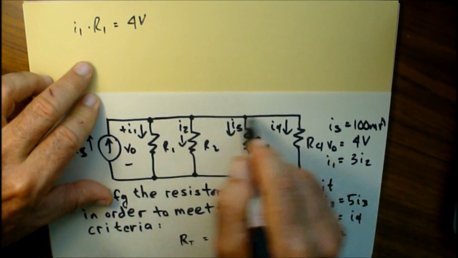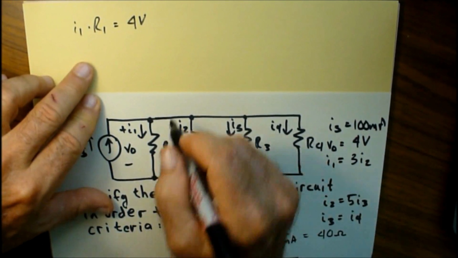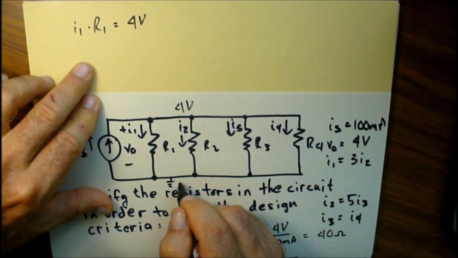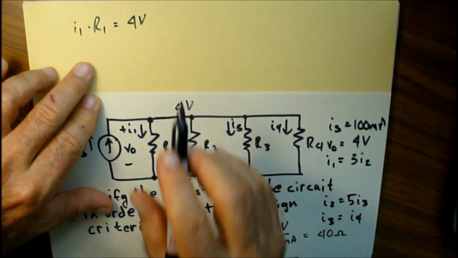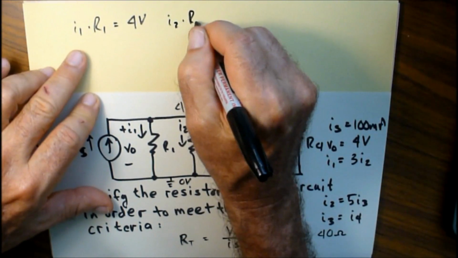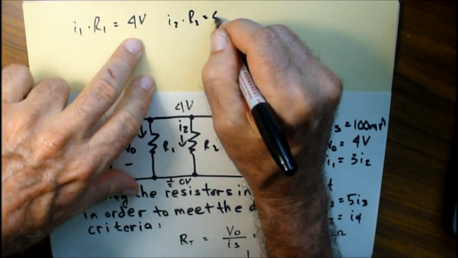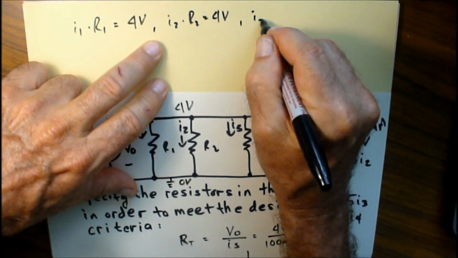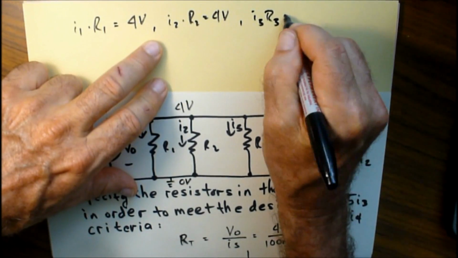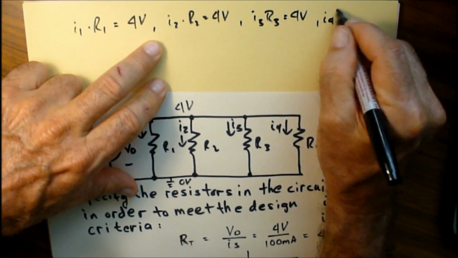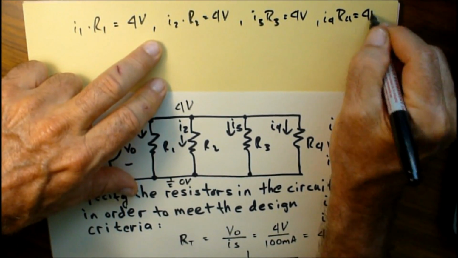This is 4 volts all the way over here on all this branch. Everywhere over here is 4 volts. Down here, we're going to call it ground, which is going to be 0 volts. Now, that also means that I2 times R2 is also equal to 4 volts. I3 times R3 equals 4 volts, and I4 R4 is equal to 4 volts.